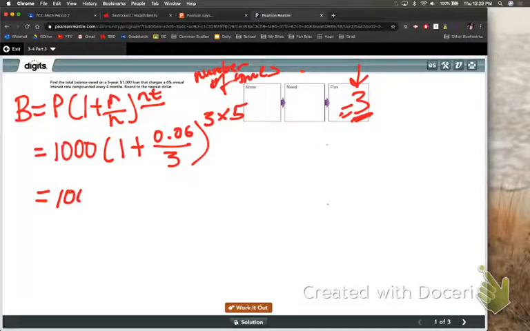So we have 1,000. And this is where I'm going to work on this part right here, in the blue. I want to solve that ahead of time without typing a bunch of things. Hopefully you know that you should start with the division first, 0.06.